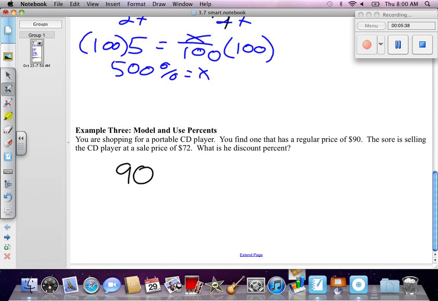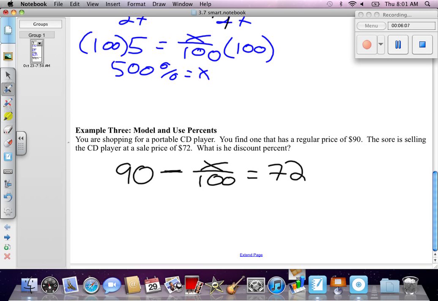So you're trying to see what percent you get off? It's like if we are getting a discount on an iPod, a nice one. You find one for a regular price of $90. The store is selling it for $72. So we know we took off a discount percent, which gave us $72.